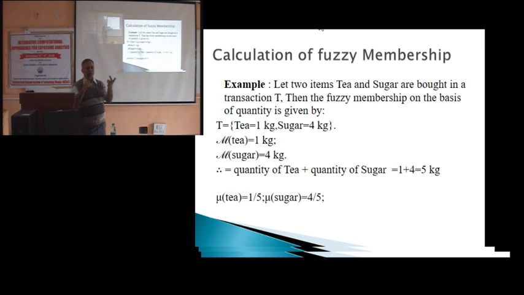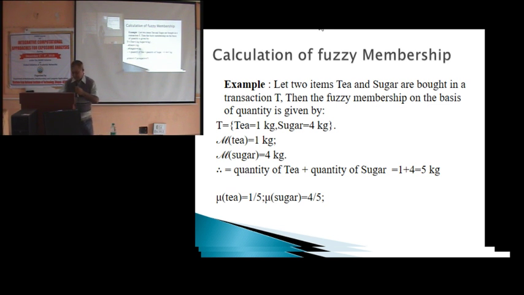Half, because you are buying two items only, so each has probability half. But here I am looking at a different perception. When you buy 1 kilogram of tea, you buy 4 kilograms of sugar also. So the ratio is different. Membership is 1 by 5 and 4 by 5. Membership has changed and your results will change.